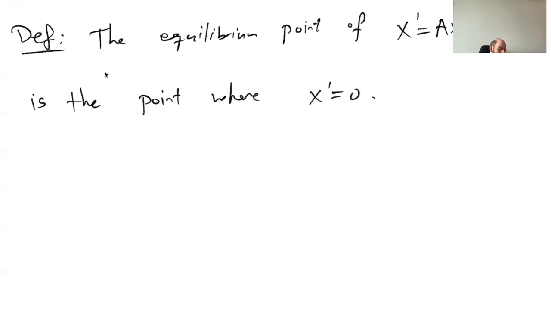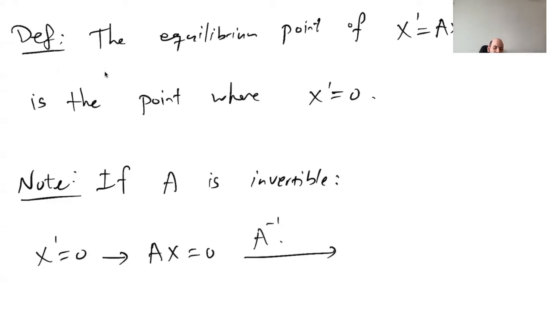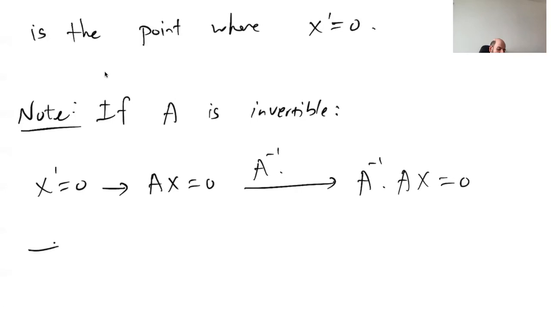So note that if A is invertible, then if I have x prime equals 0, that means ax will be 0 because x prime is ax. That means ax is 0, and if a is invertible, I can multiply both sides with a inverse. Then I'll get a inverse times ax equals 0, and then that will give me x equals 0.